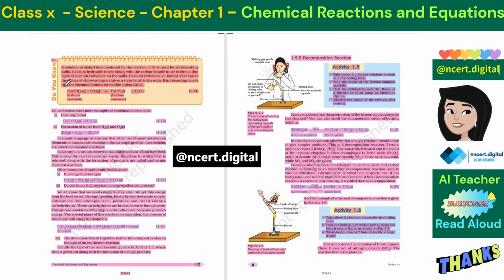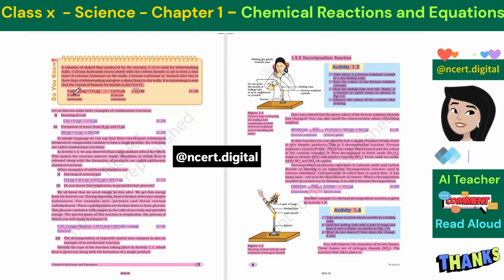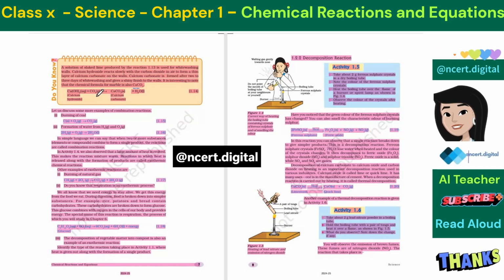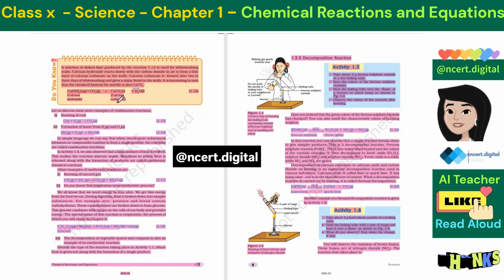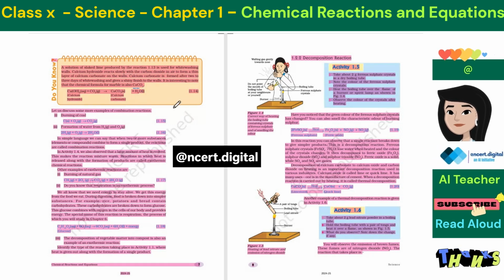It is interesting to note that the chemical formula for marble is also CaCO3. Ca(OH)2(aq) + CO2(g) → CaCO3(s) + H2O(l).